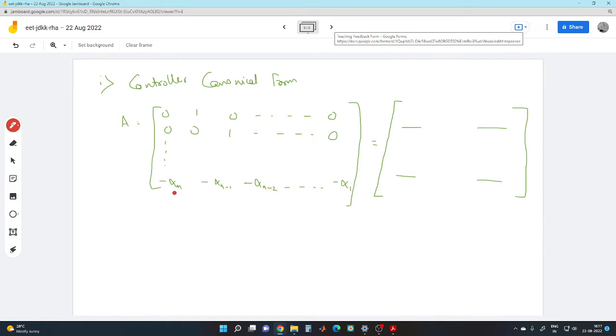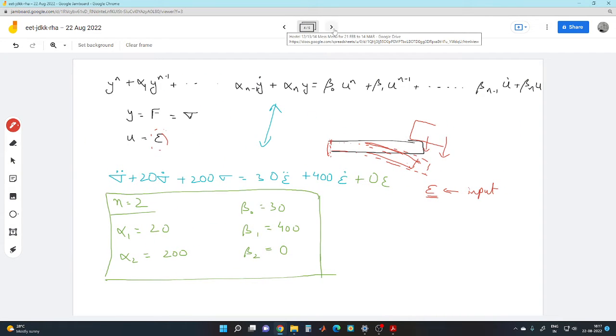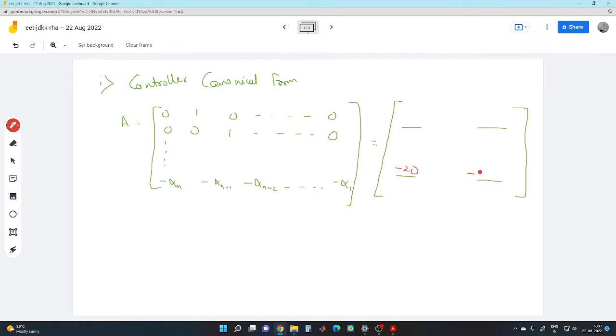So n is equal to 2, so here will be alpha 2, so minus 20. And the second one is minus 200. This is the second entry. This will be 1. And this is the first entry, which is 0. So we get A matrix.